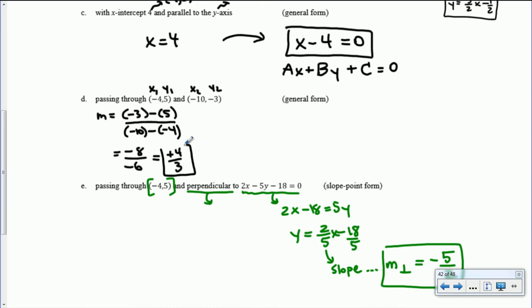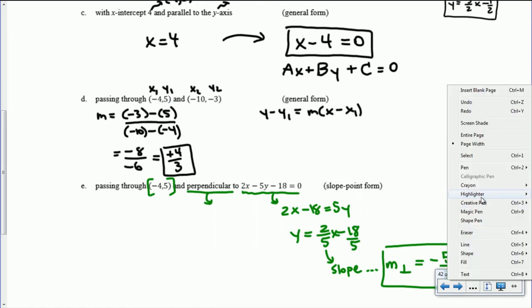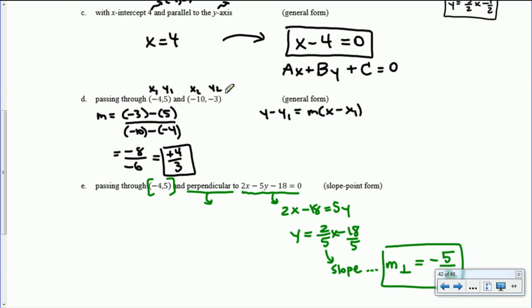So we have a slope, and now we can use point-slope form. So y minus y1 equals m times (x minus x1). I'm free to use either this point or this point. It doesn't really matter which one you use, remember, as long as you're consistent.